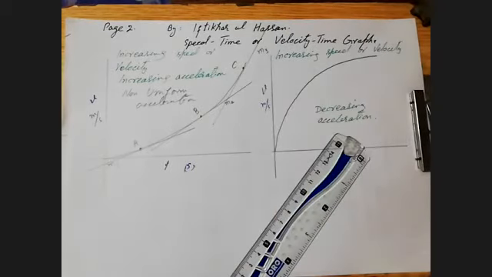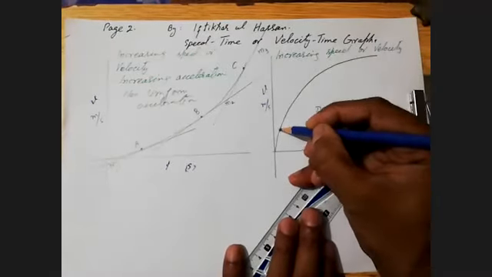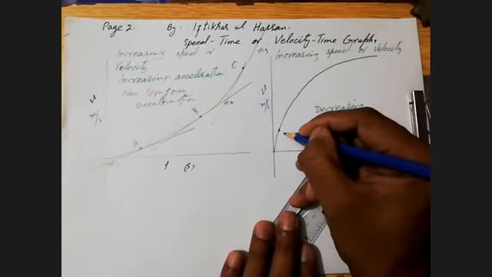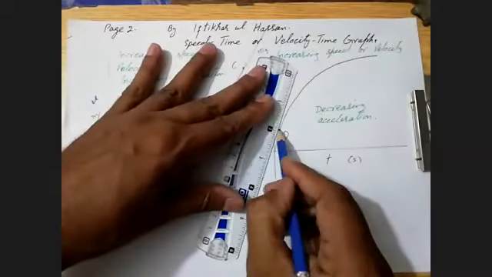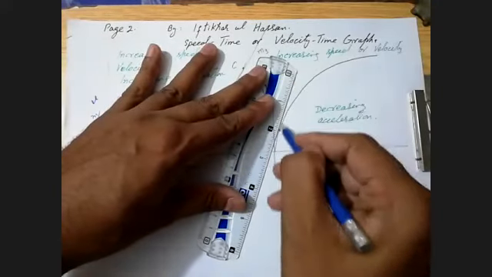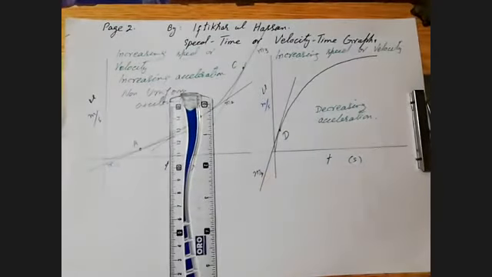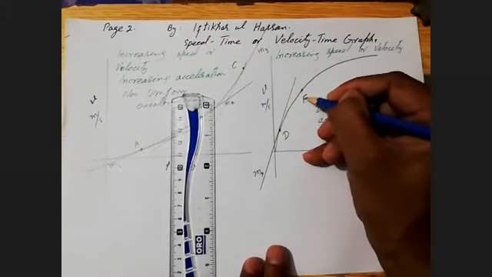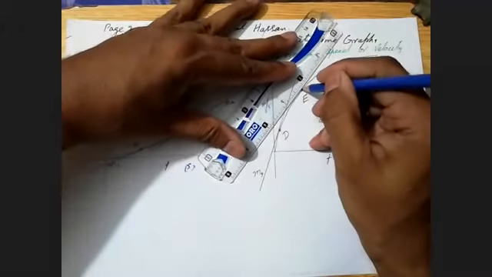Now, in the same way, please concentrate here. The same thing I am doing here also. Say I am taking a point D. Now I am going to draw a tangent to the curve. Say this is M4. It is a steeper line. Now here I am taking another point, which is point E. At point E, you will have to draw another tangent.